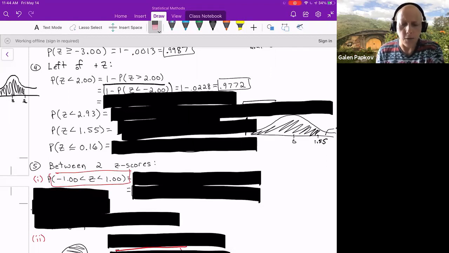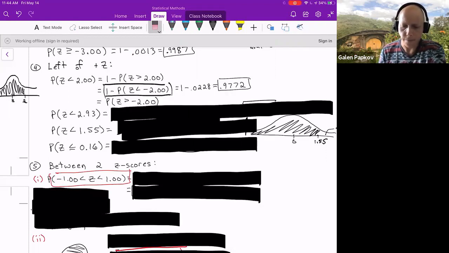You could get 1 minus the area to the right of 2, but the area to the right of 2 is the same as the area to the left of negative 2. And that comes directly from the table, 0.0228, which when you subtract from 1, you get 0.9772. Now, that's also the same as the area to the right of negative 2.